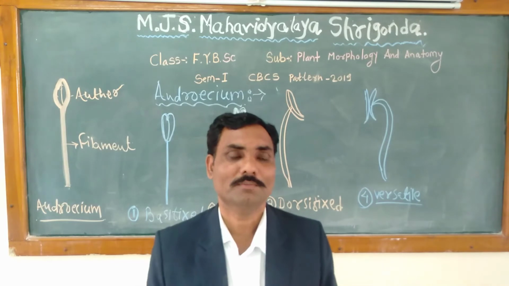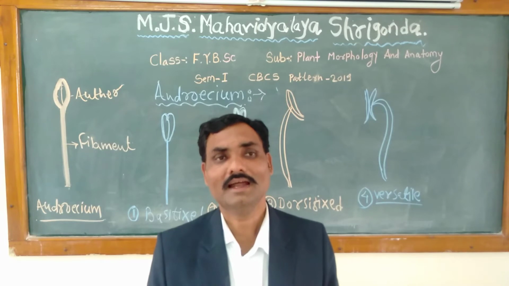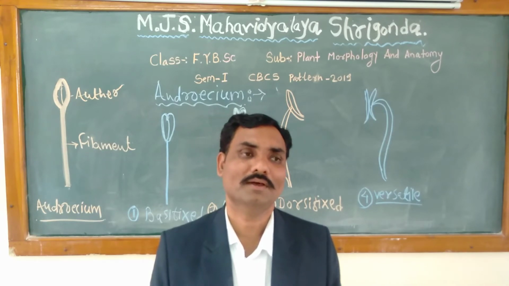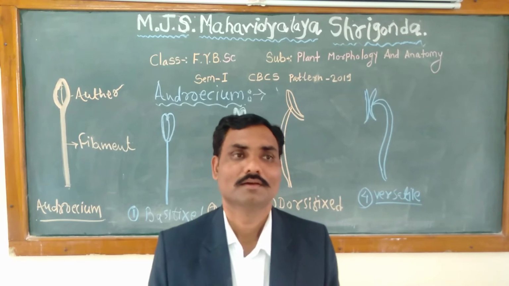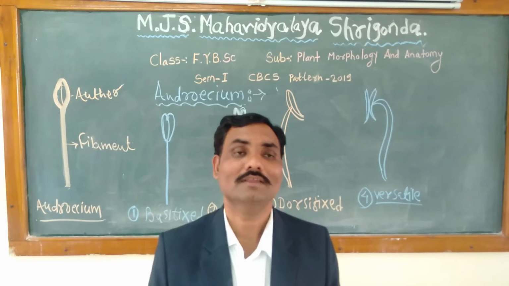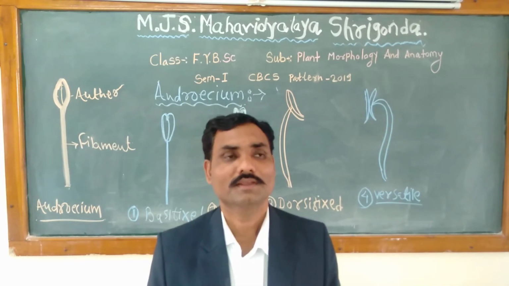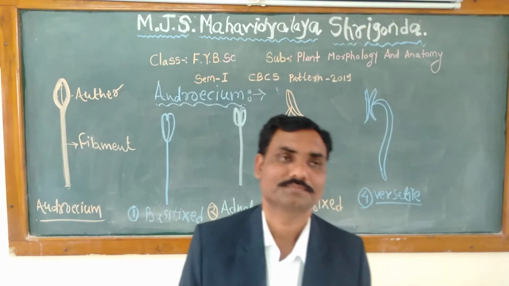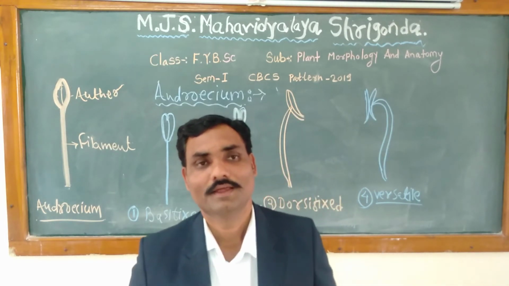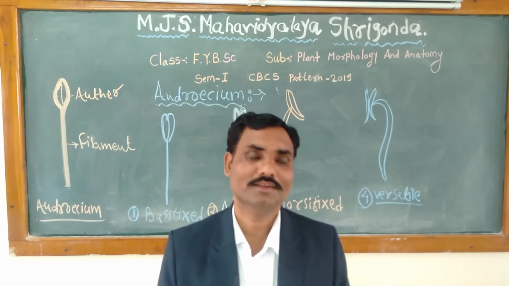In that, we studied the flowers: the different parts of the flower, the position of floral whorls on the thalamus, the arrangement of ovaries, then the sepals, that is calyx, then the corolla, that is petals.